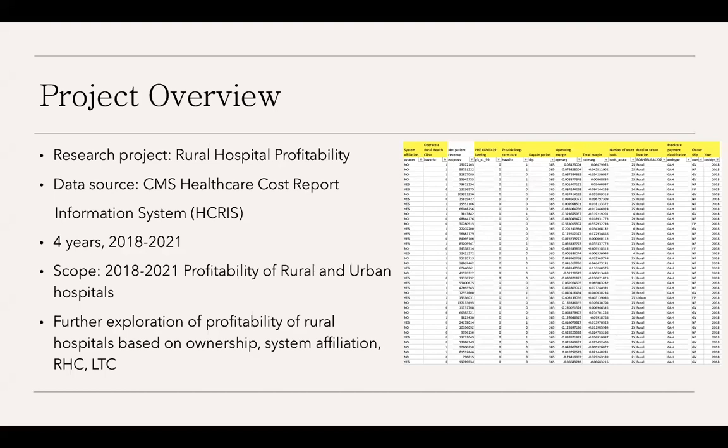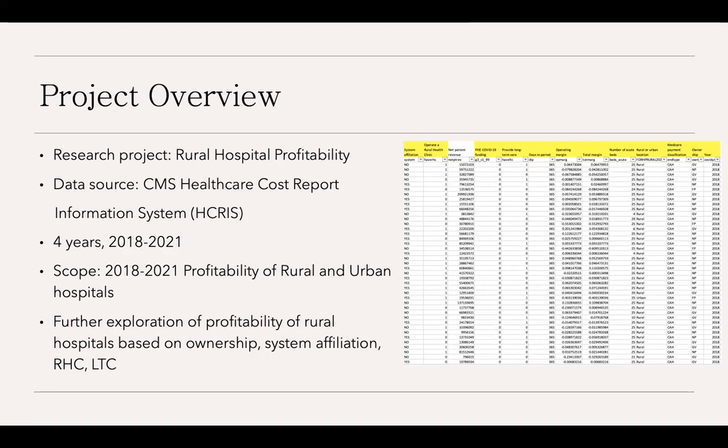On the right, you can see a snippet of the data set. It contained 4 years, from 2018 to 2021, and included rural and urban hospitals and their profitability. You can see it from the operating margin and the total margin variables.